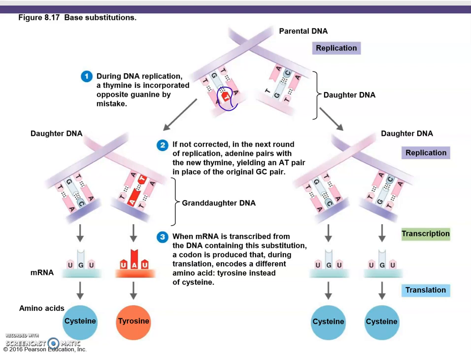So the G should have base paired with C, and that should have led to a messenger RNA codon reading UGU, which translates into a cysteine, but instead we're getting now the UAU, which translates into tyrosine. So now we have one amino acid change, and that can have a big effect. It may or may not, but if it's a cysteine to tyrosine, it probably will have an effect, but it's just one nucleotide change, so it's a point mutation, one base substitution, and we're substituting now the amino acid cysteine for tyrosine.